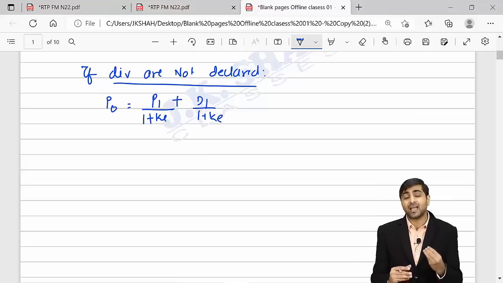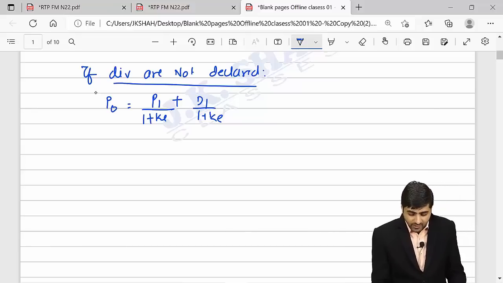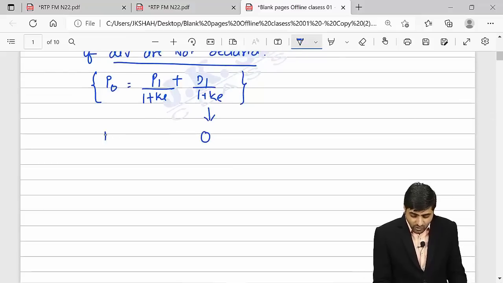The value as on today. So if you want to find out the price of an equity share as on today, you can use this formula: P0 is equal to P1 upon 1 plus K, and we will add D1 upon 1 plus K. But obviously if no dividends are declared, this part is going to be 0. So basically your P0 will be nothing but P1 upon 1 plus K.